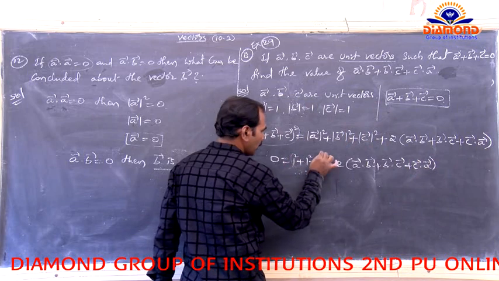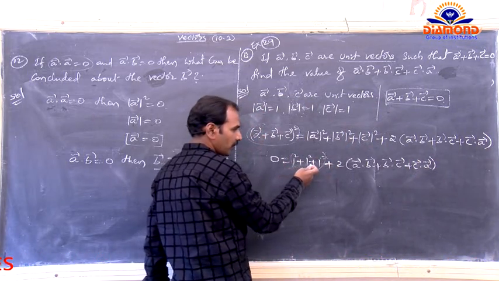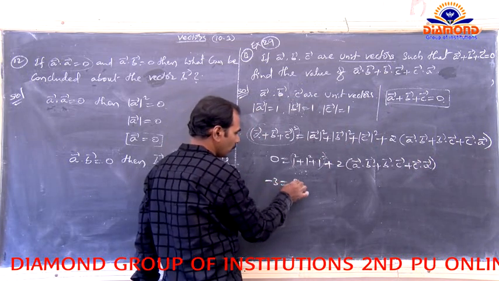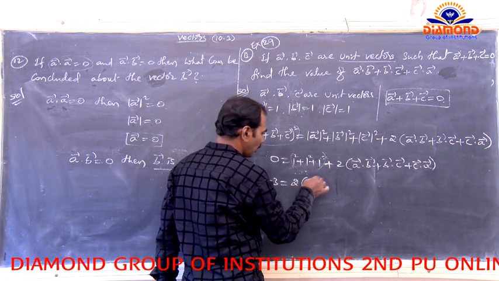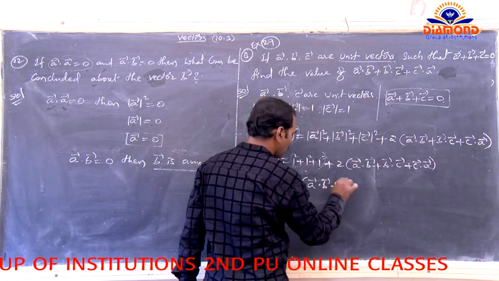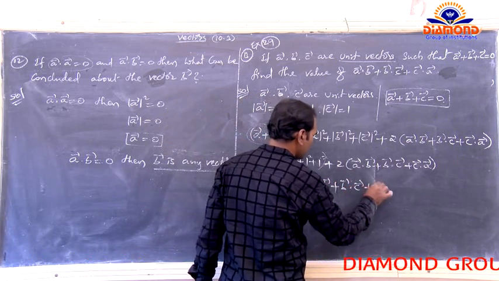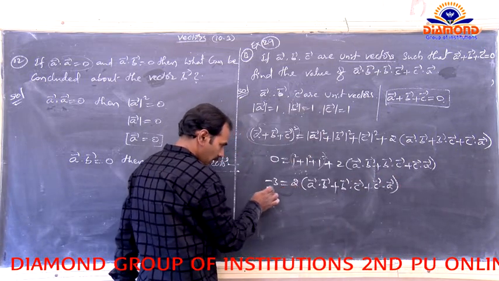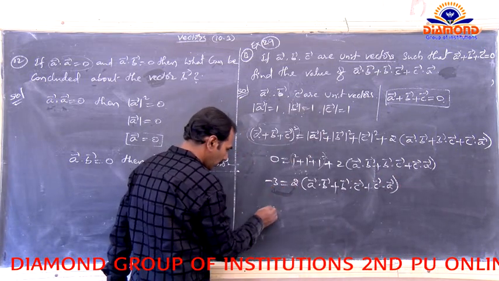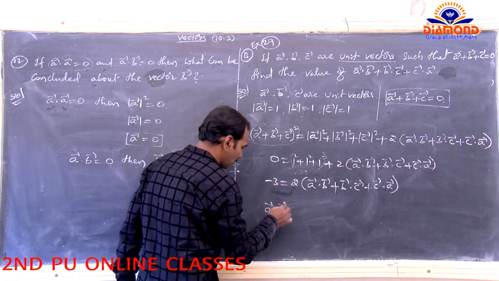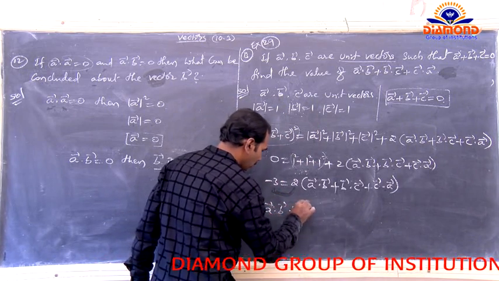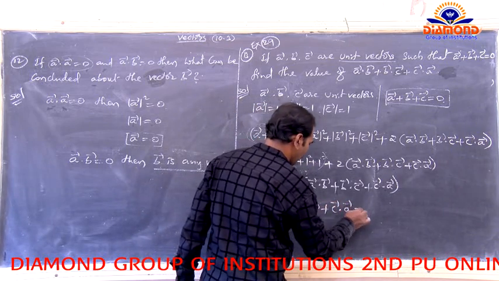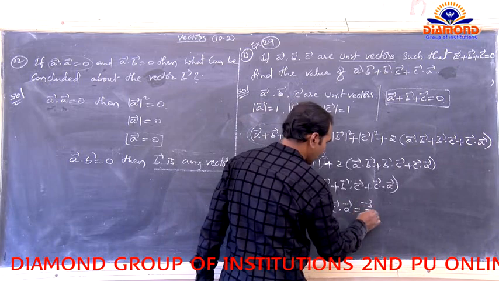Up to here, 1 square plus 1 square plus 1 square is 3. Taking 3 to this side, minus 3 equals 2 into (A bar dot B bar plus B bar dot C bar plus C bar dot A bar). Taking the 2 also to this side, A bar dot B bar plus B bar dot C bar plus C bar dot A bar equals minus 3 divided by 2.